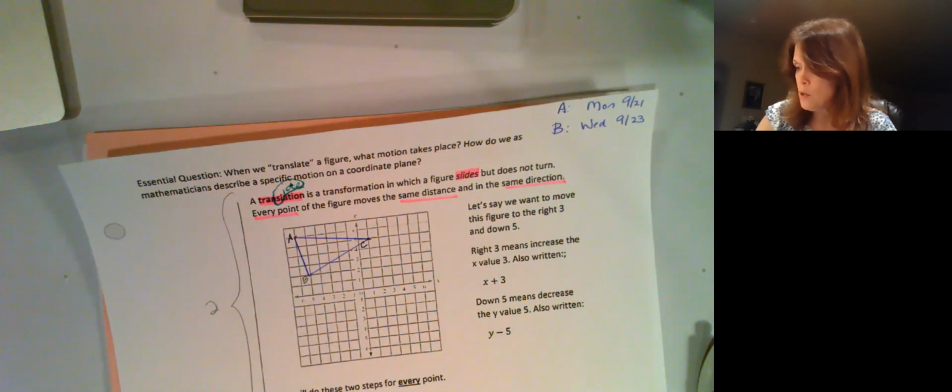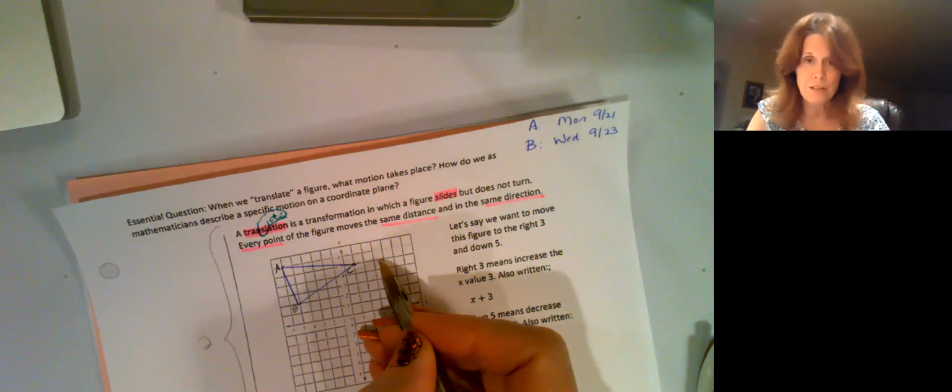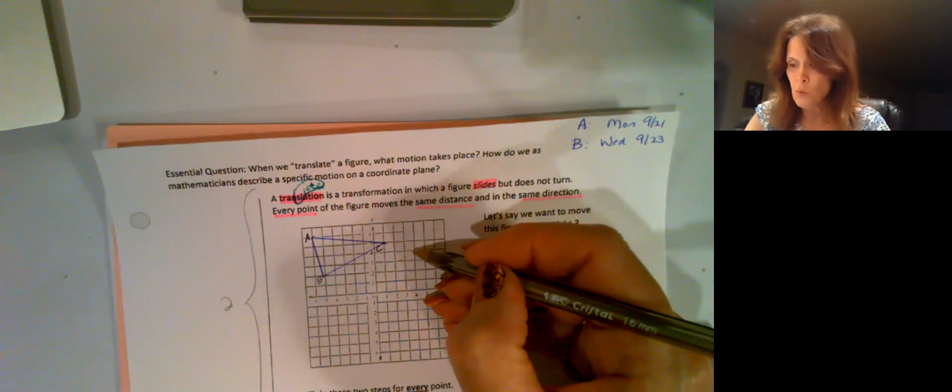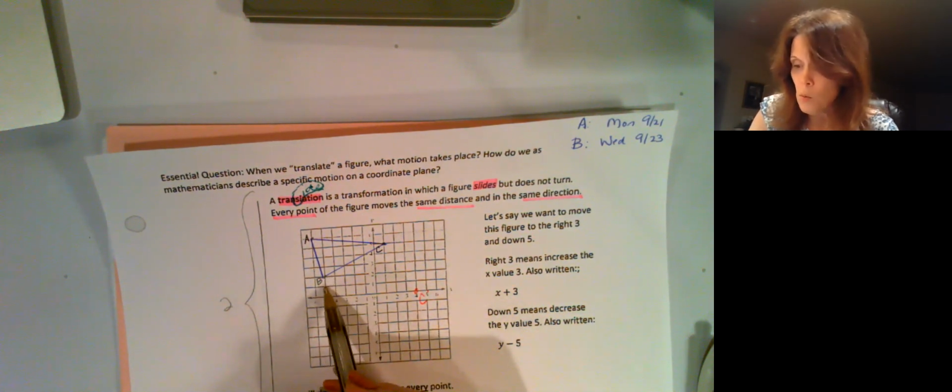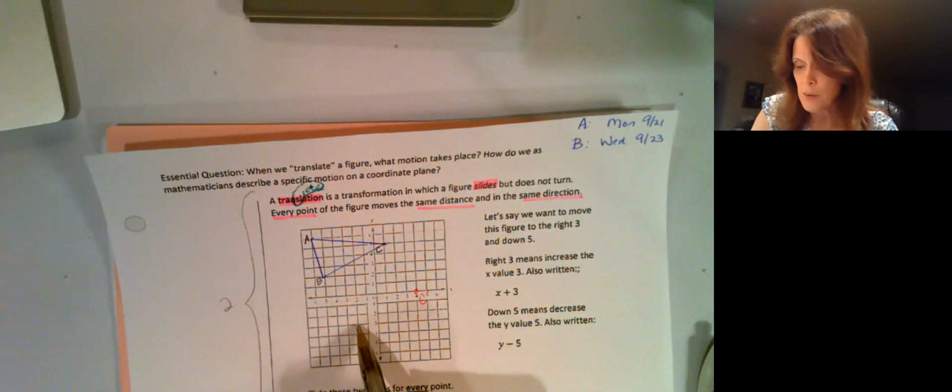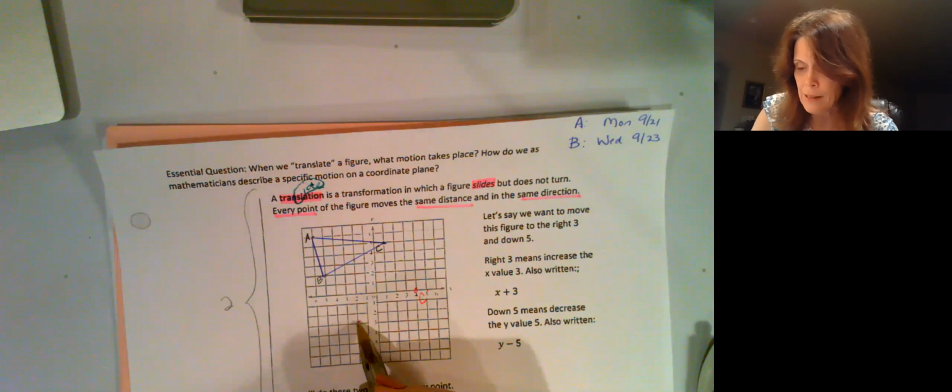I could take point C and go 1, 2, 3 to the right, and then 1, 2, 3, 4, 5 down. I could take B and go down 5 and then right 3. It won't matter. 1, 2, 3, 4, 5 a distance, 1, 2, 3 that distance or line length.